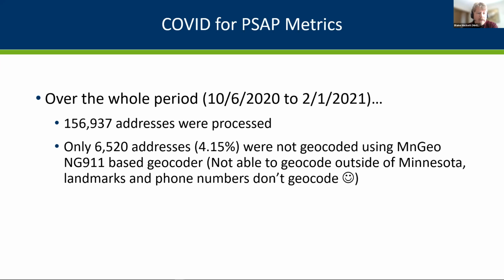The addresses that weren't geocoded many times had some odd formatting. We weren't able to go outside Minnesota. We couldn't do landmarks. And we can't do phone numbers, just so everybody realizes that we can't geocode phone numbers. But we thought that was a pretty successful rate.